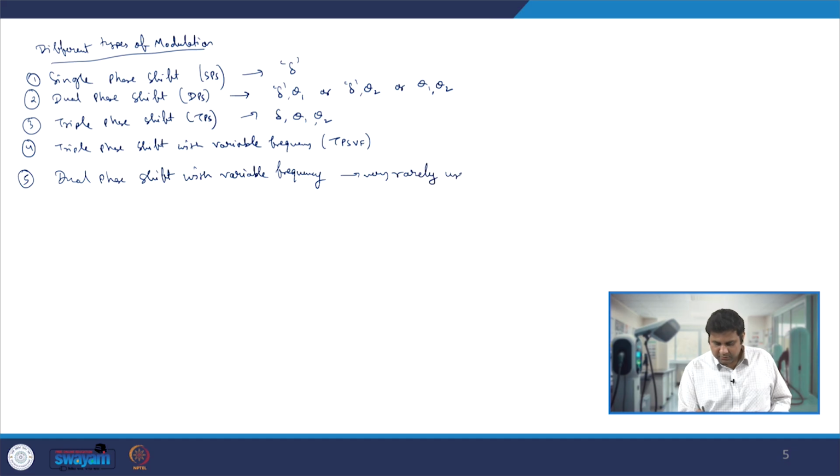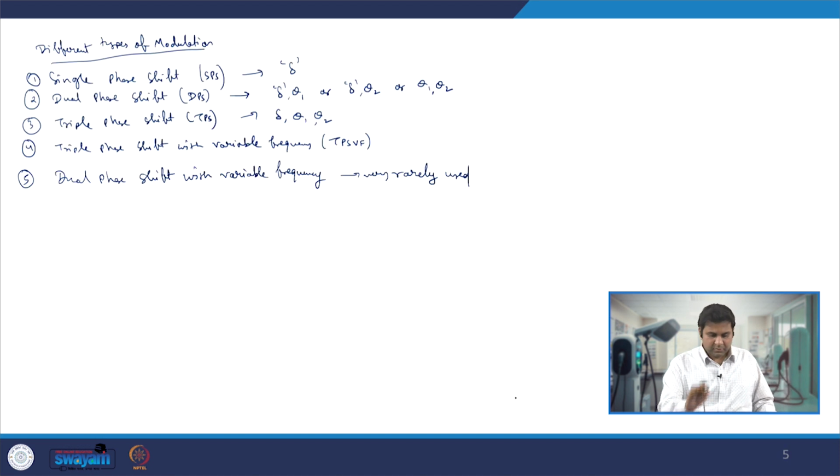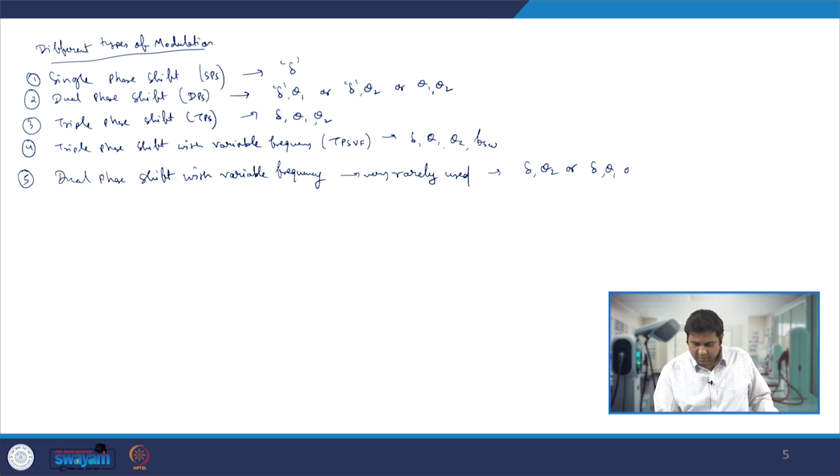Now if you see in this triple phase shift with frequency control, one can do delta, theta 1, theta 2 and switching frequency FSW. One can write delta, theta 1, theta 2 and FSW. Here, either of these three, delta, theta 2 or delta, theta 1 or theta 1, theta 2, along with this we will have FSW here.